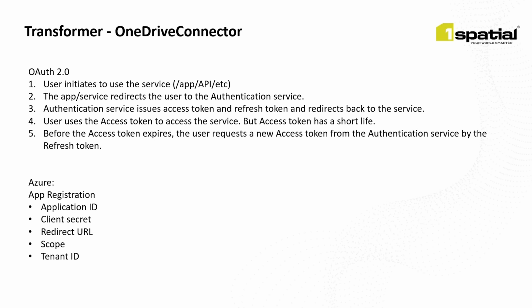There is a redirect URL, so when someone gets to the login page, it tells where to redirect the user back to the service. There is a scope, which means what the application can use, because it is not just authentication, but authorization as well. And finally, sometimes a tenant ID is also required, which is a kind of organization ID.